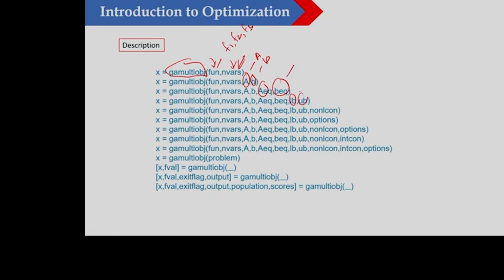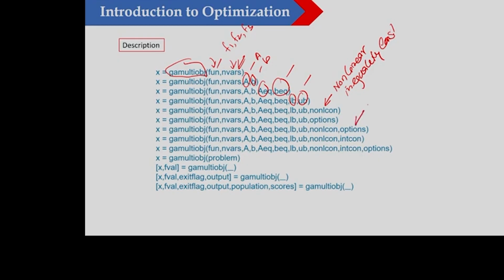Then you can also define the lower bound and upper bound. Already we have discussed that part, so you know how to define lower and upper bounds. And if you have a nonlinear inequality constraint, that also you can define.